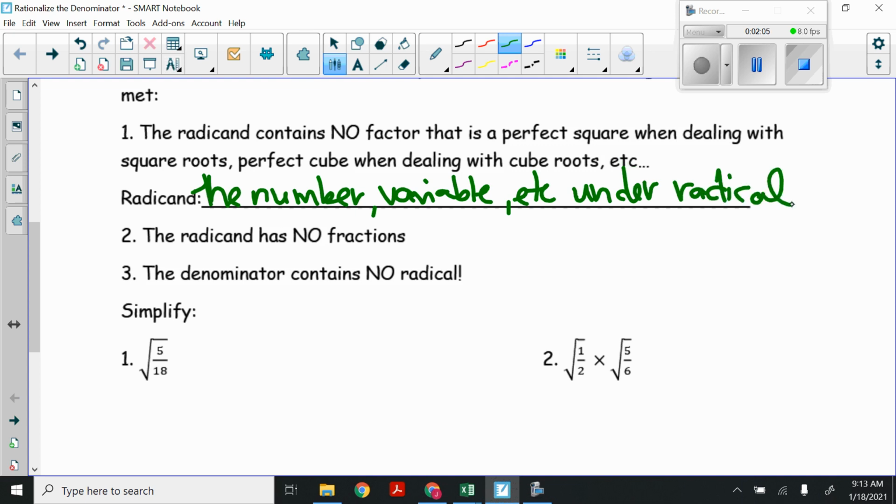Number 2, the radicand has no fractions, so there's no fraction underneath the radical. And number 3, the denominator contains no radical. Once those 3 conditions have been met, then our radical is simplified.